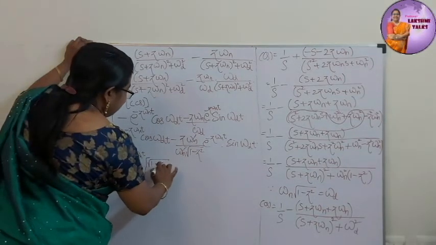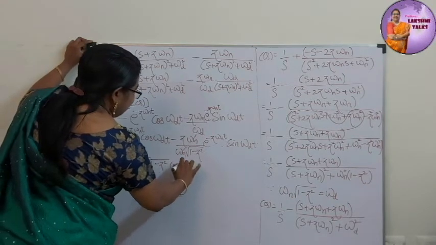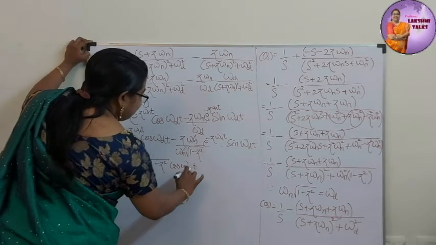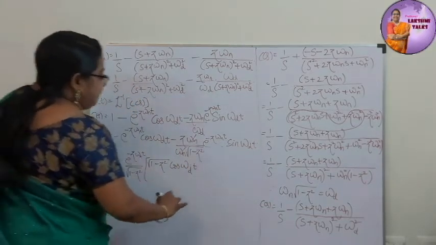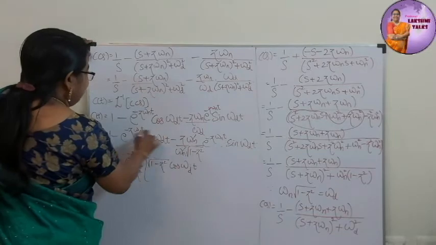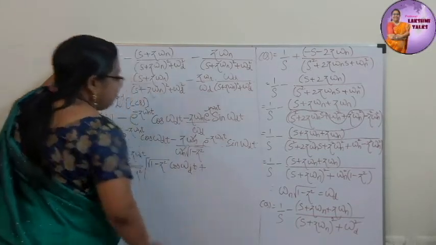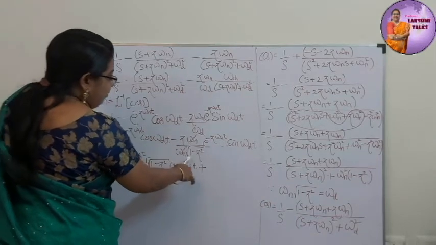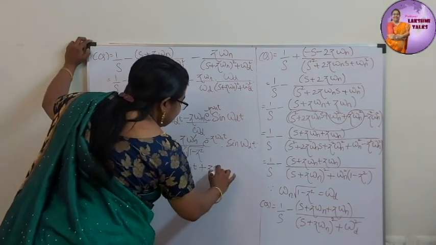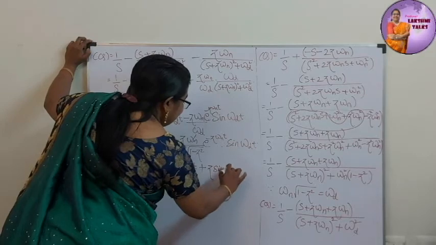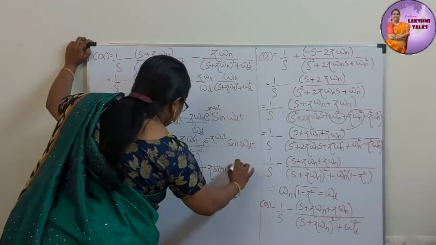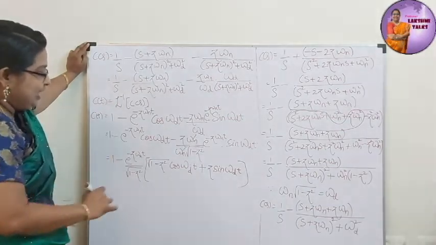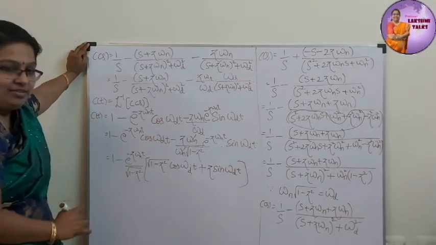Root of 1 minus zeta square cos omega d t, since minus is taken out, here we have a plus term, plus zeta sine omega d t. So here we have to introduce another thing. What is it?